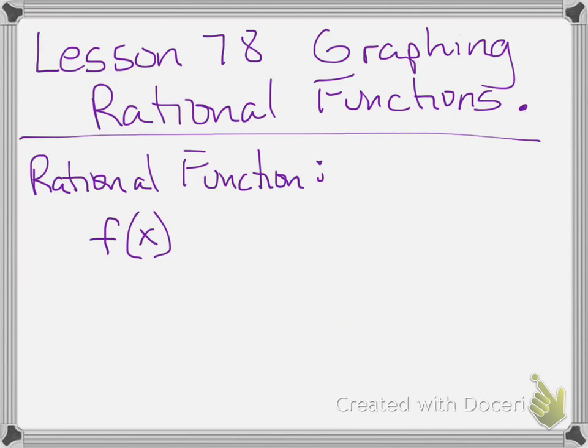All right, so the standard form of a rational function is f of x equals a over x minus h plus k. Now, a, h, and k are just numbers of some kind. Anything that has a variable in the denominator like this is a rational function.